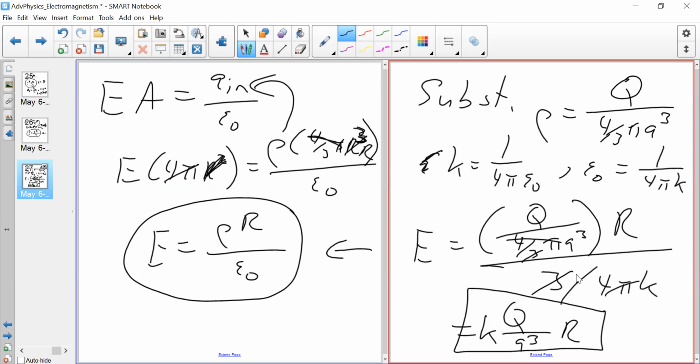So that's our example of finding electric flux at a particular point using a Gaussian surface that encloses the entire charge or is within the charge. Any questions on that?